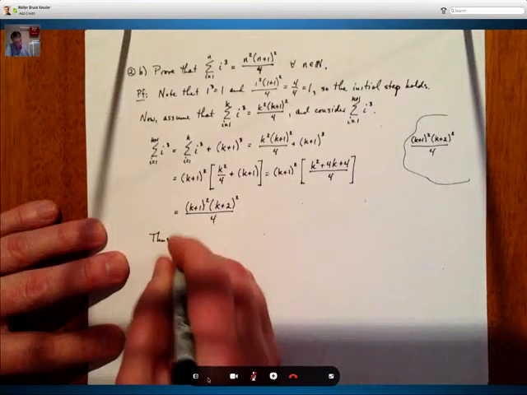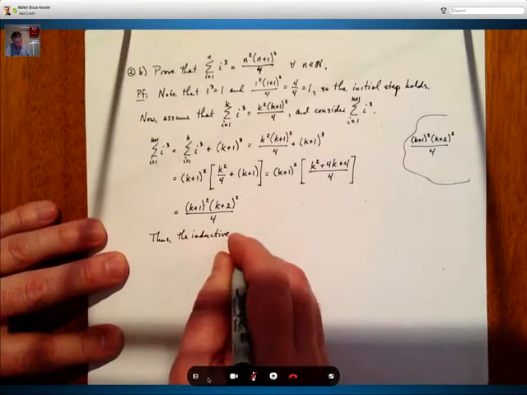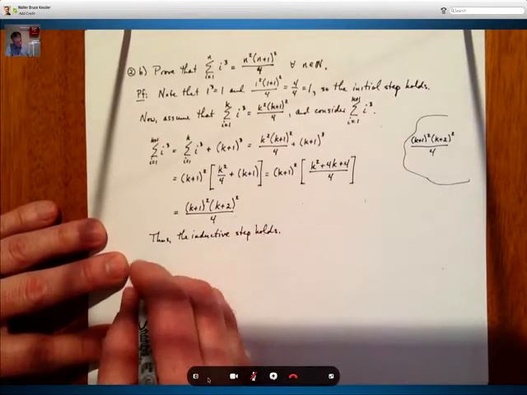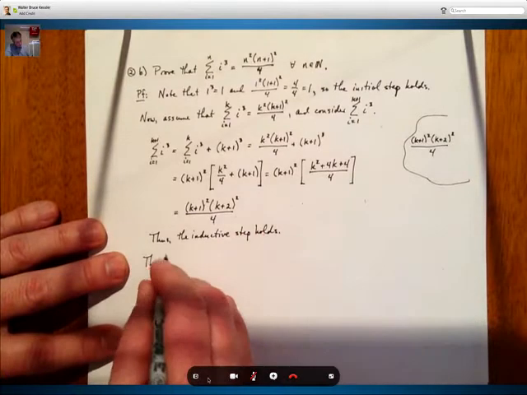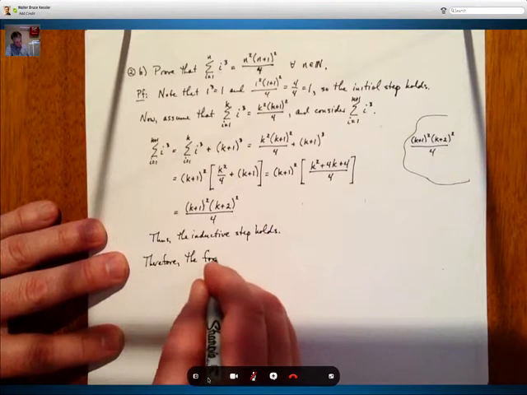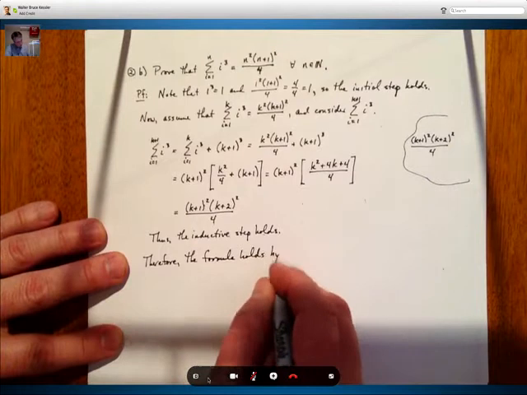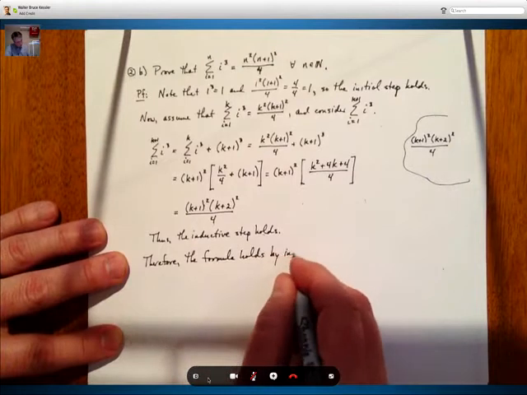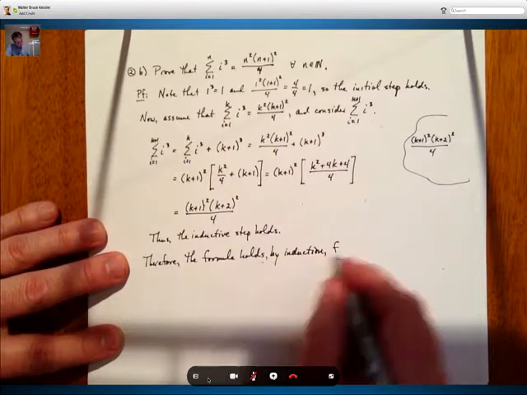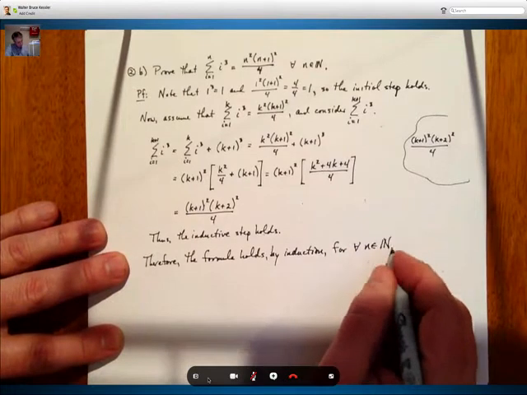Alright then, thus, the inductive step holds, and therefore the formula holds by induction for all natural numbers n.